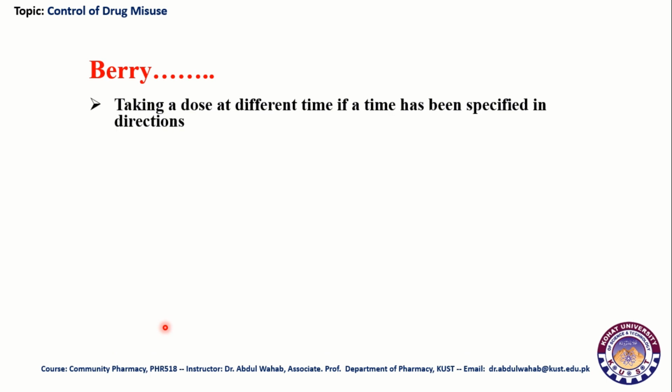Berry also says taking a dose at a different time, if a time has been specified in the directions. For example, if a physician prescribes that a medicine should be taken early in the morning, but a patient takes it in the evening, then according to Berry it is misuse of drug.